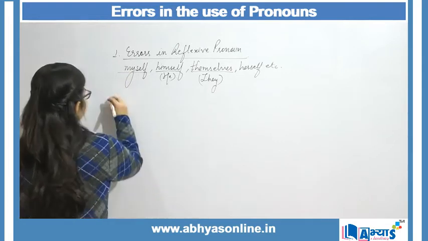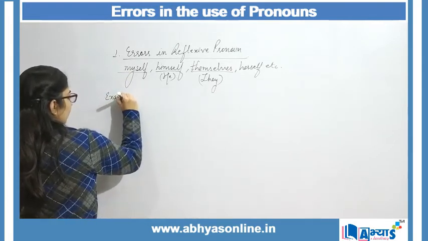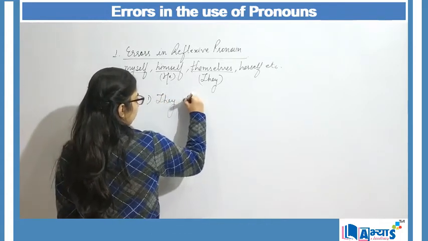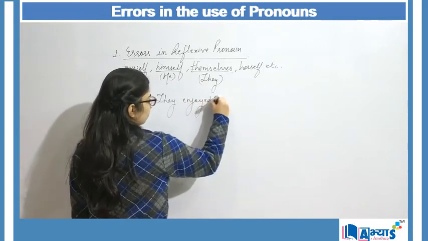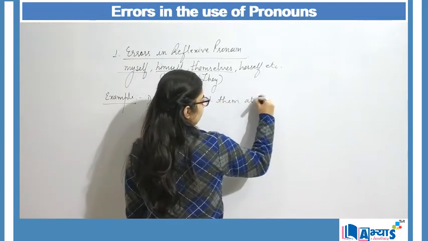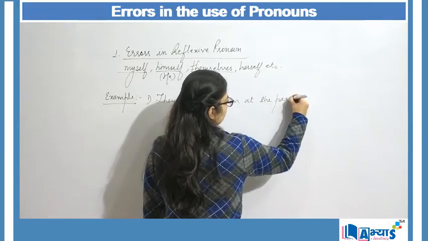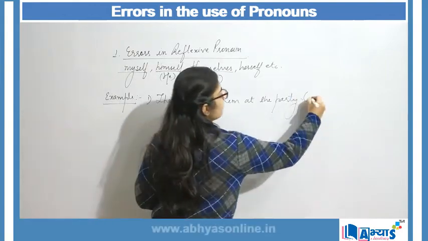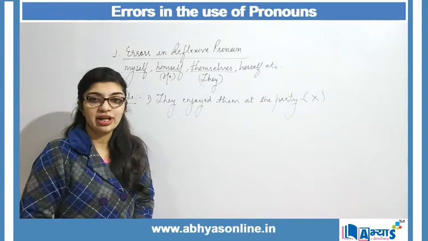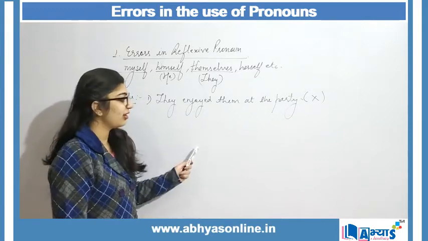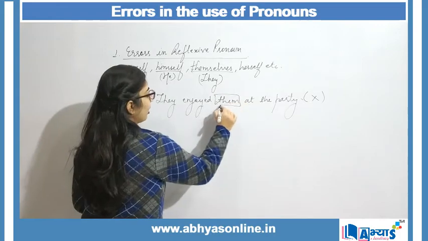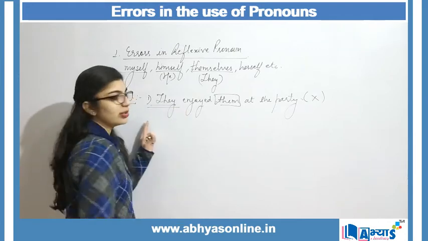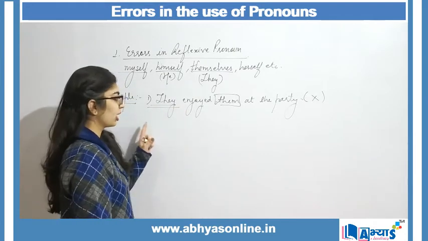For example, I say, they enjoyed them at the party. When I say they enjoyed them at the party, this is my wrong sentence, and if I am asked to point out the error, the error will be them. Why? Because a reflexive pronoun will always be relatable to the subject.